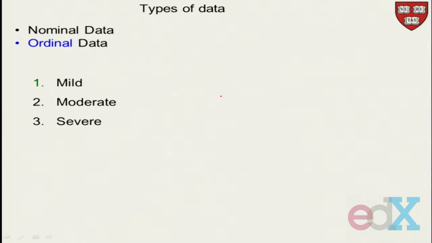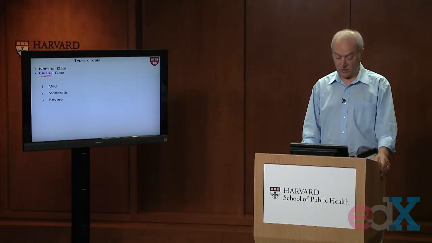So instead of mild, we give it a 1. Instead of moderate, we give it a 2. And instead of severe, we give it a 3. Now, here we're using the order of the data. That's why it's called ordinal data. We use the order of the data because 2 is a little bit more severe than 1, and 3 is a little bit more severe than 2. So the order is important, and this is called ordinal data.